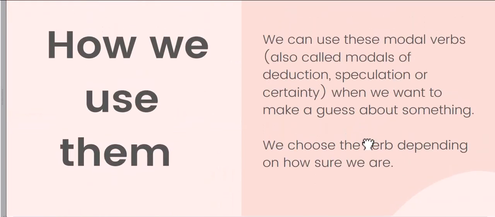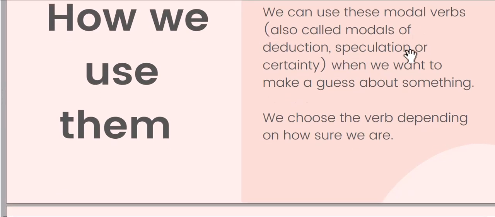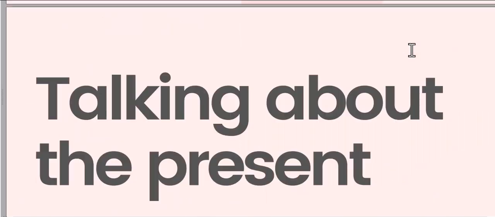As you can see here, we can use these modal verbs for deduction or speculation, and each of these words means something different, including certainty. When we want to make a guess about something, we choose the verb depending on how sure we are.